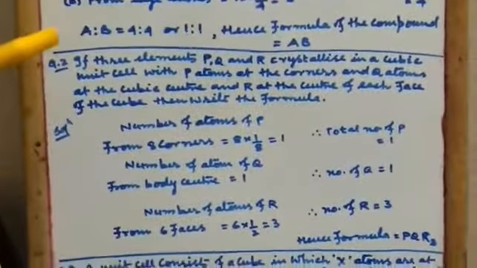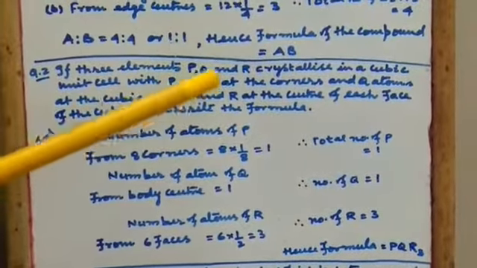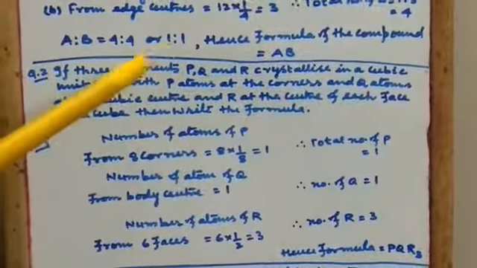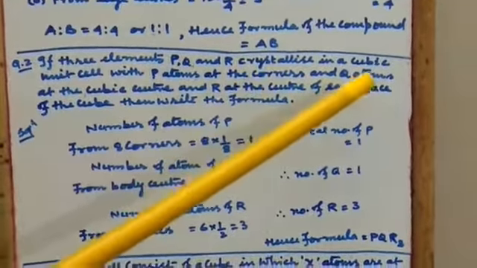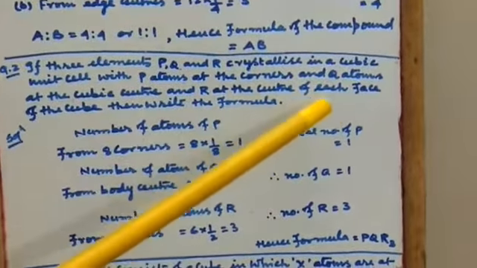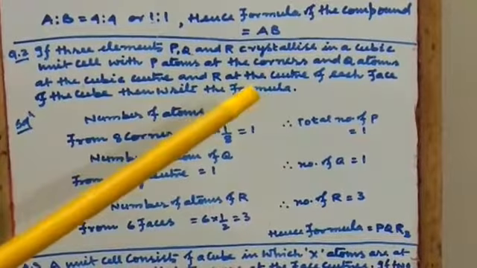Now our second question: if 3 elements P, Q and R crystallize in a cubic unit cell with P atoms at the corners, Q atoms at the body center and R at the center of each face of the cube, then write the formula.